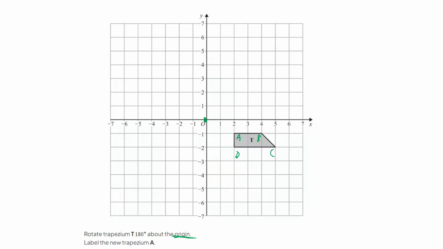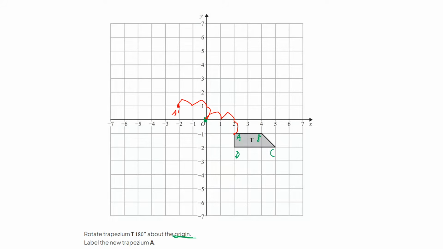So let's look at A. How many points does it take to go from A to origin? We need to go 1 up and 2 across. So therefore, to find A prime, we're going to do the same thing. We're going to go 1 up and we're going to go 2 across. A prime.